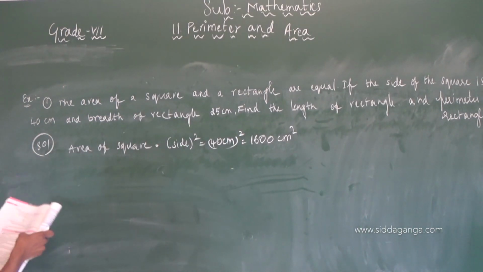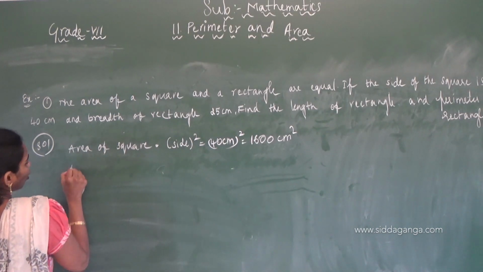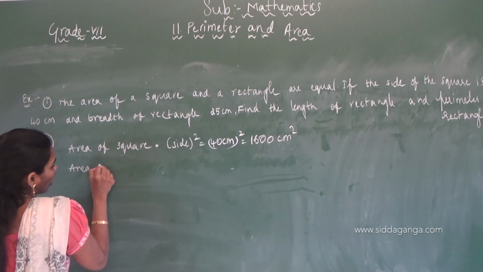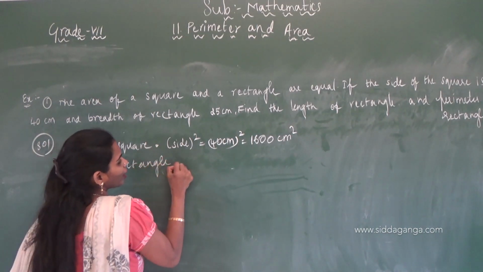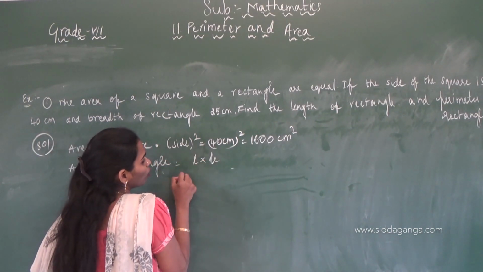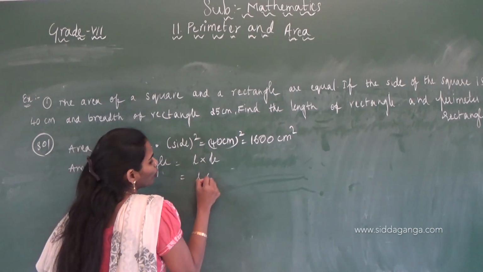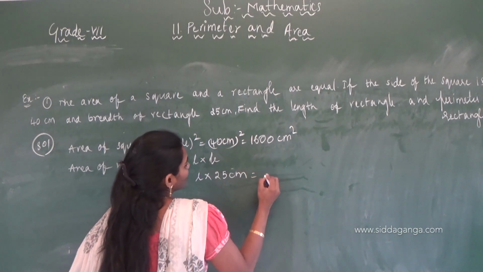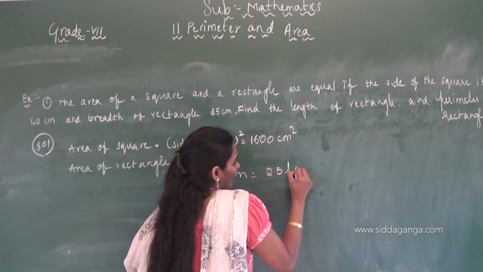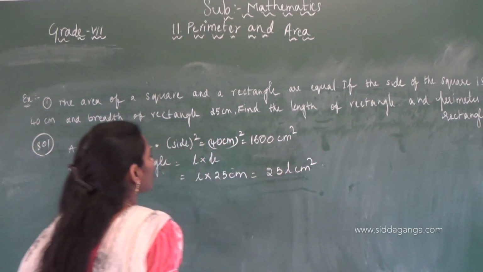And area of a rectangle, the formula is L into B. We don't know L, into 25, that equals 25 L square centimeters.